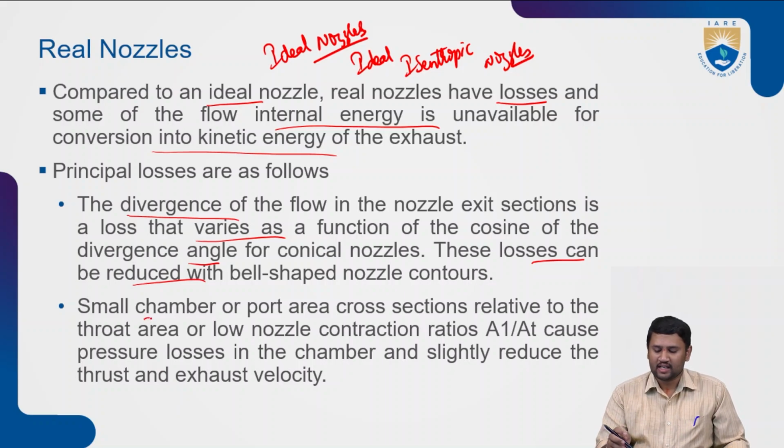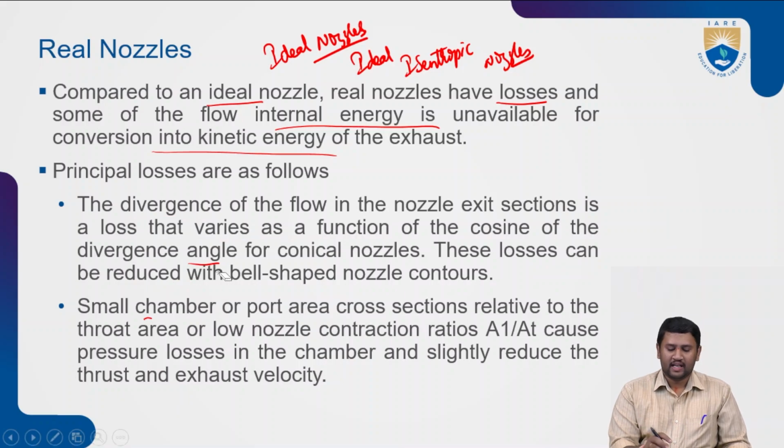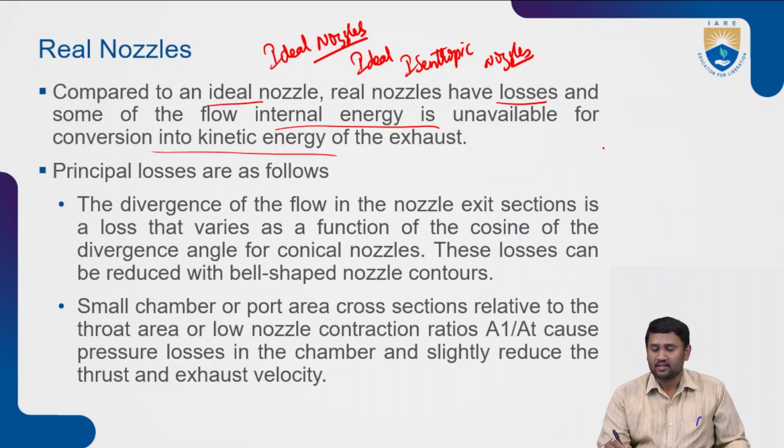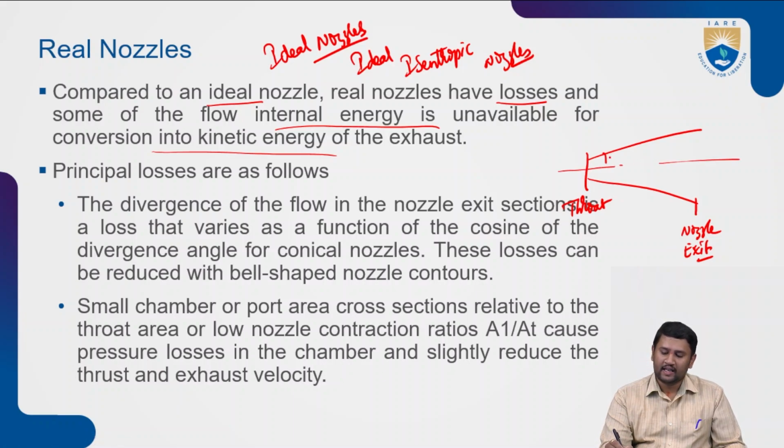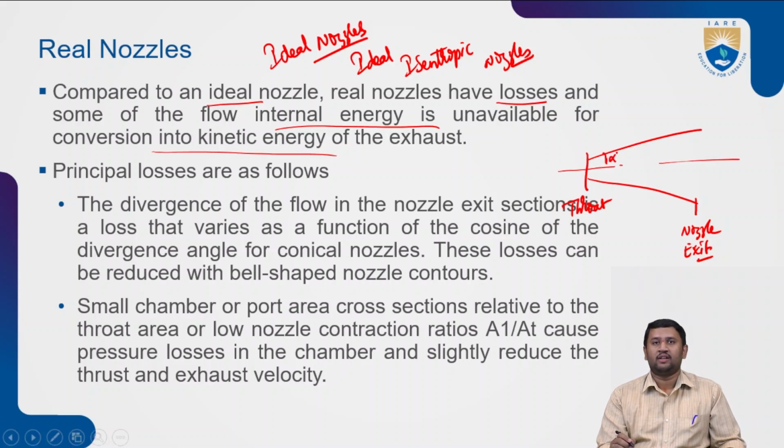Let us understand this better. The divergence of the flow, particularly in a CD nozzle, in the divergent section, if this is my nozzle exit, and the angle is, say, alpha.